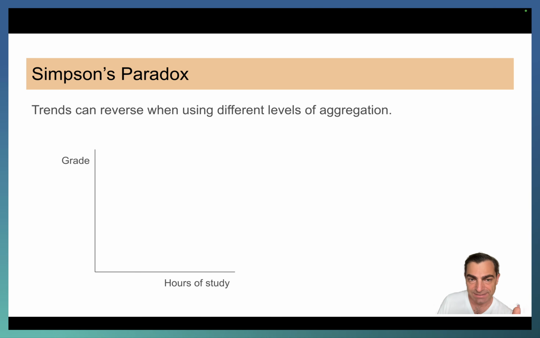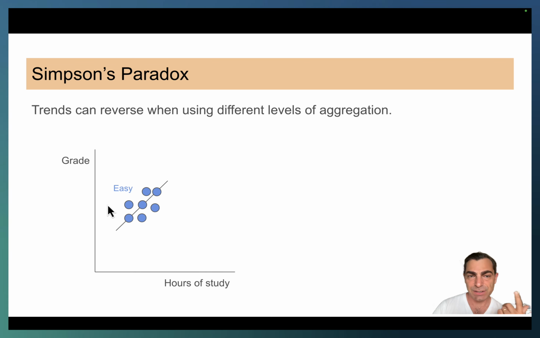On the x-axis, we have the number of hours of study, and on the y-axis, we have the final grade. Well, for the easy course, what we see is a positive correlation between the number of hours studied and the grade, as expected.